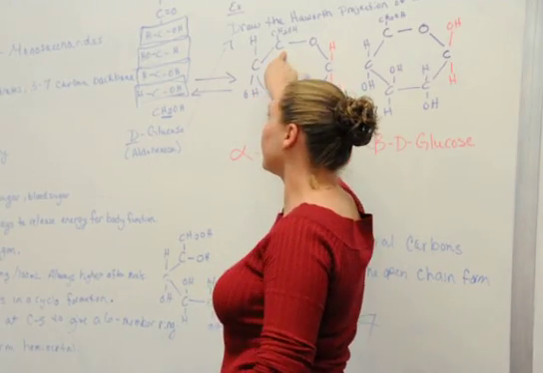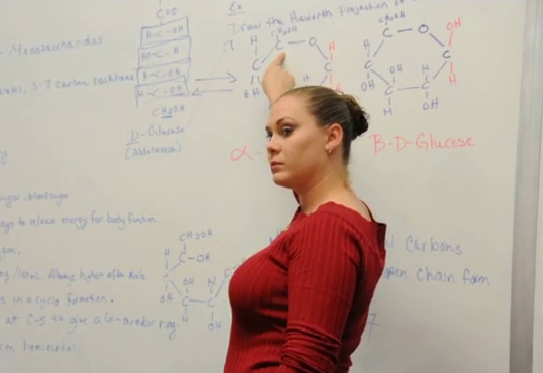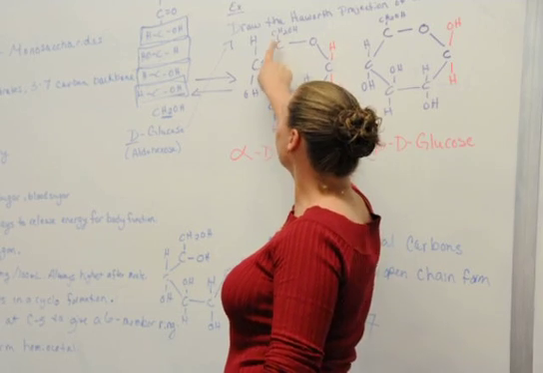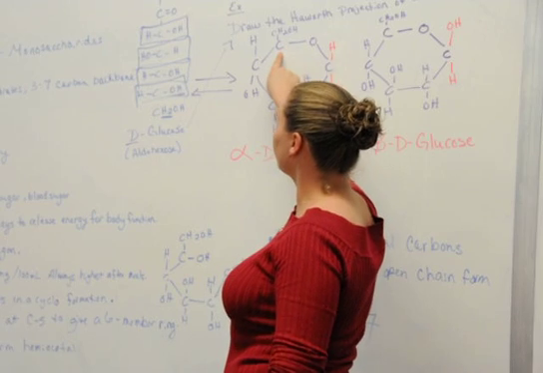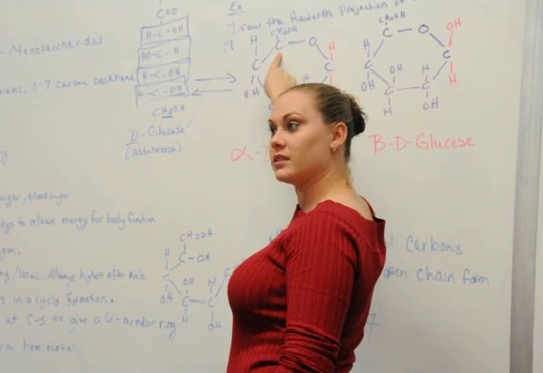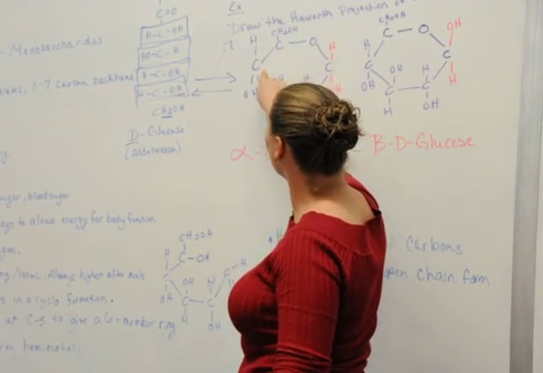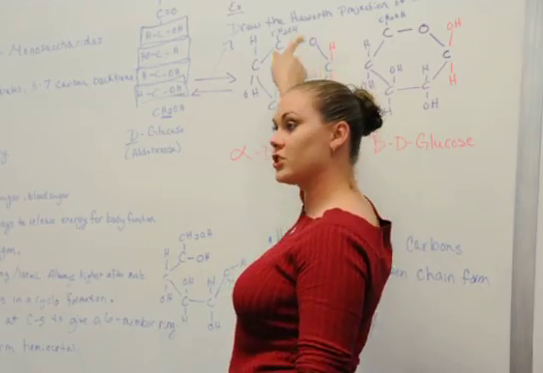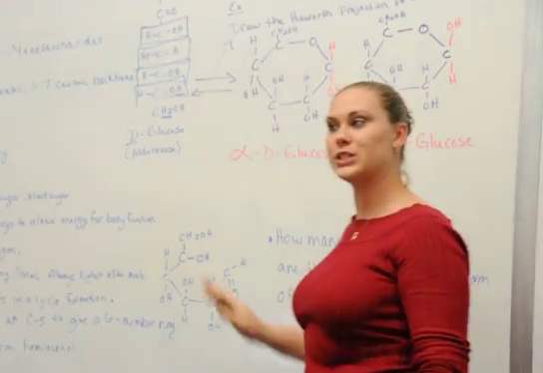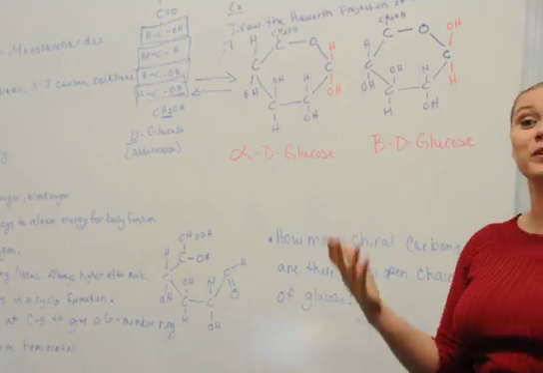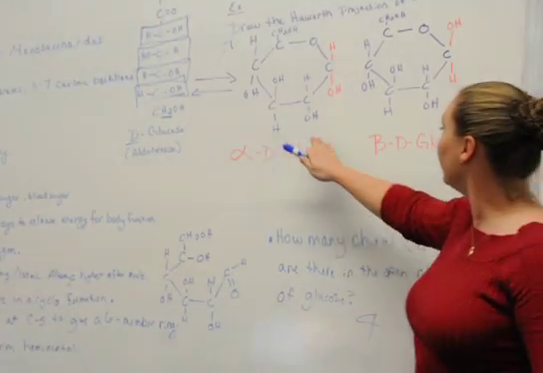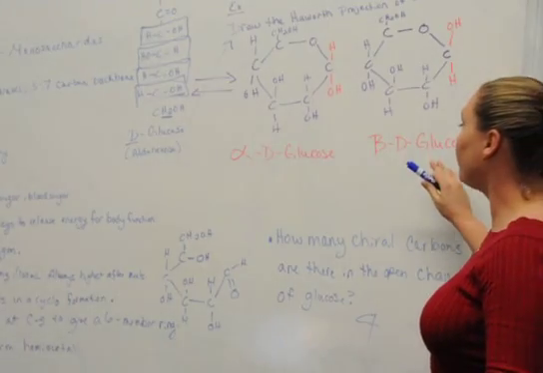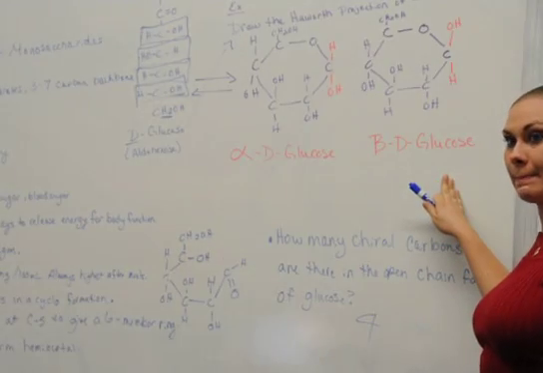Well, what about this carbon? Look at this carbon. It's still bonded to a carbon and an oxygen, so that's considered one too. So it would be 5. So in alpha and in beta, there are 5 chiral carbons.